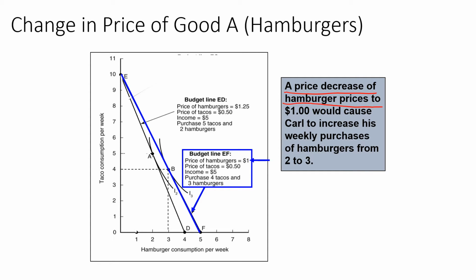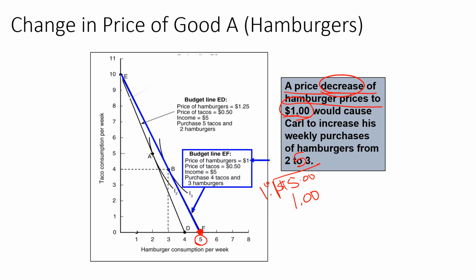So in this slide, we've decreased the price of hamburgers. They've become cheaper, they've become $1. Now one of our extreme points has changed. Because hamburgers are only $1, if we spent all of our money on those hamburgers, $5 divided by $1 is 5, so our extreme point is at 5.